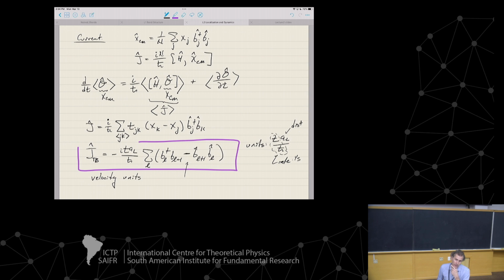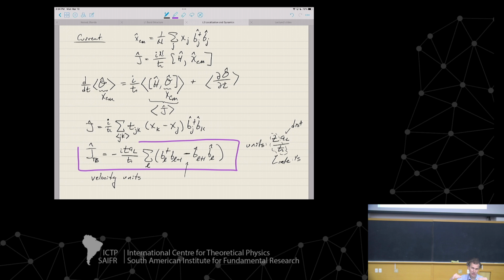No. If you have two adjacent sites, they have the same energy. You don't need any energy to go from one to the other. It's not a potential energy difference. It's more like a kinetic energy. So t tells you about kinetic energy, and hopping is like a motion with a velocity, which is the current. Yeah, great question.